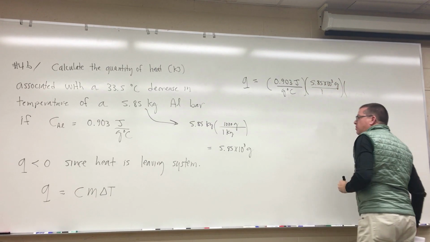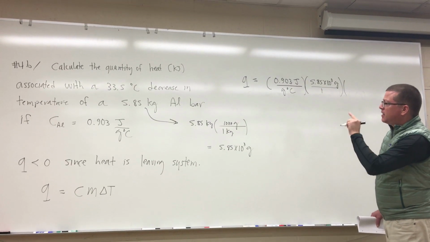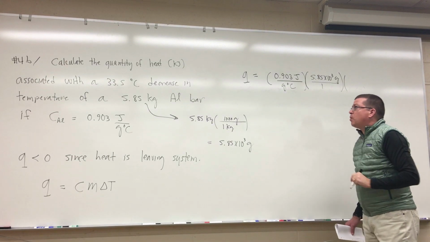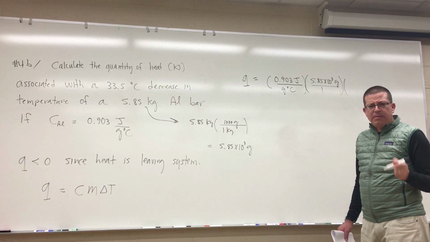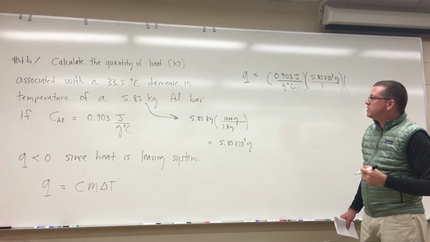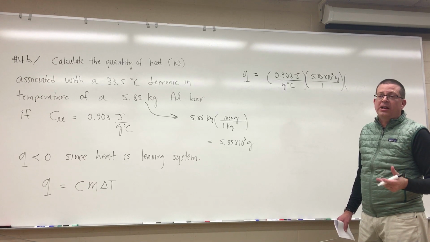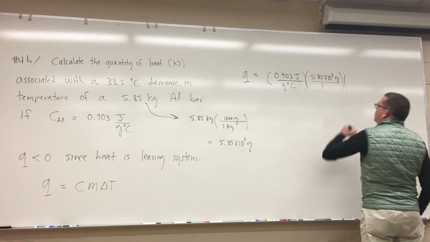And then finally, the delta T. I said that I've got a 33.5 degrees Celsius decrease in temperature, so I'm going to make my delta T negative, because we're seeing a decrease in temperature. The final temperature is less than the initial temperature. So I'll put a minus 33.5 here.